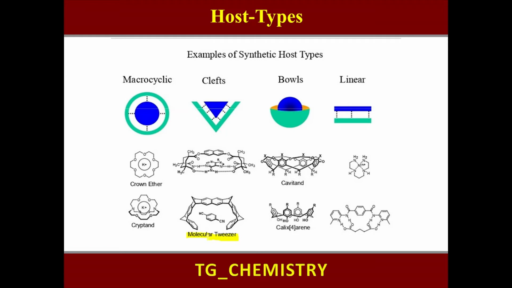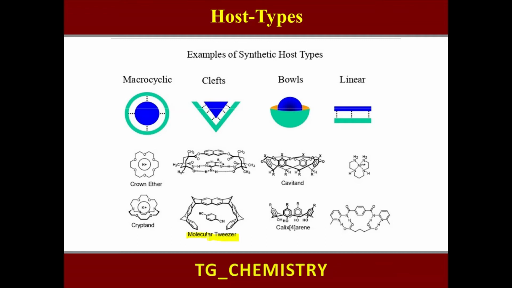These are very well-known examples, and these molecular tweezers are supramolecular host molecules equipped with two aromatic pincers linked together by a spacer. They are generally endowed with fascinating properties originating from their ability to hold the guest between their aromatic pincers.